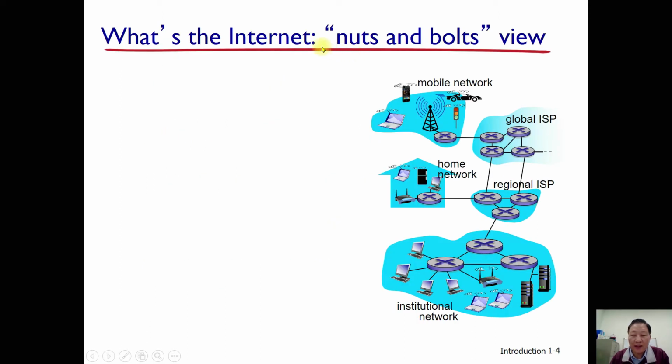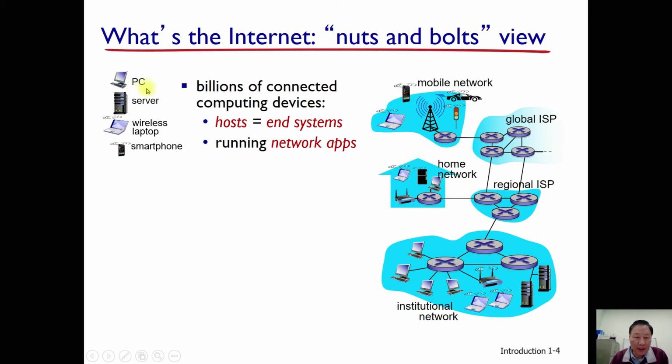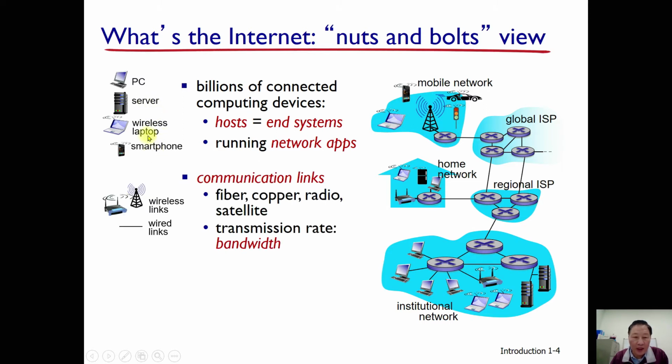This is a view in terms of the components, the nuts and bolts. The internet is composed of these components. We are using PCs, notebooks, laptop computers, servers, and smartphones, and all of them are connected to the internet, as we know.